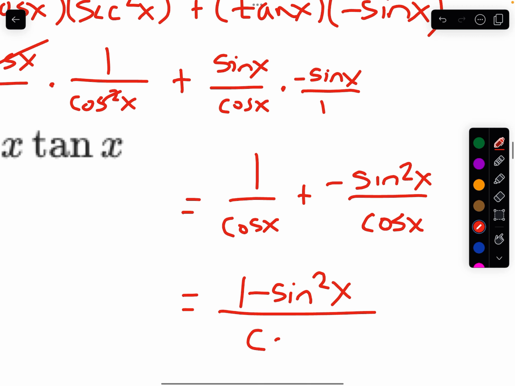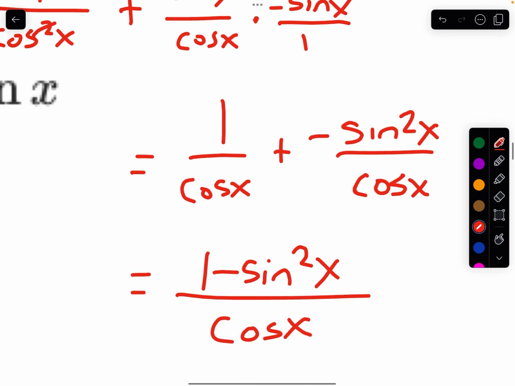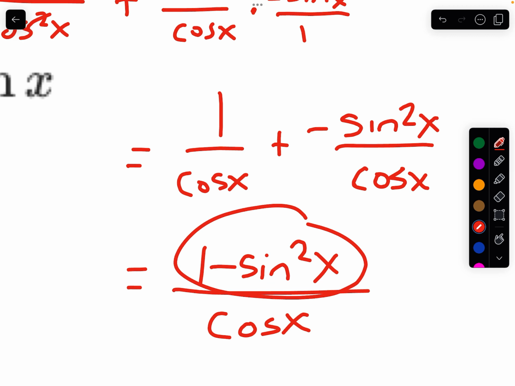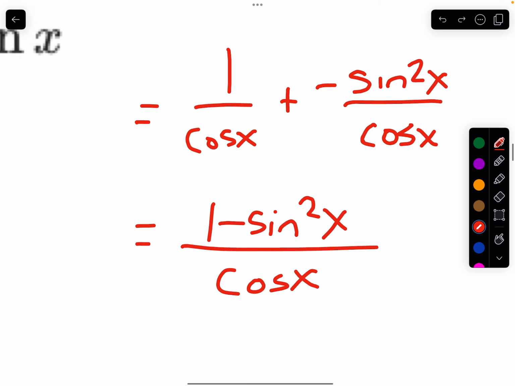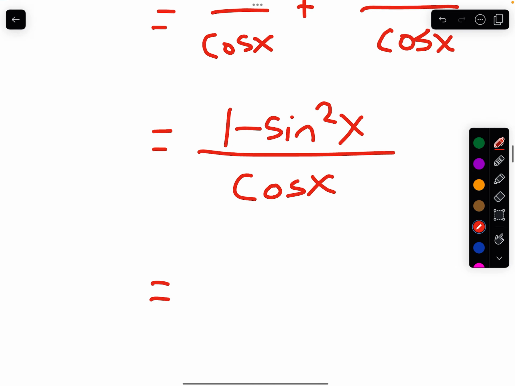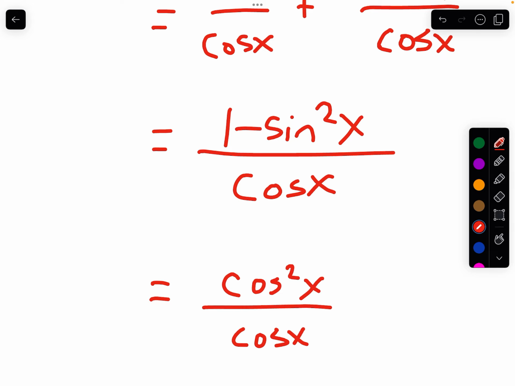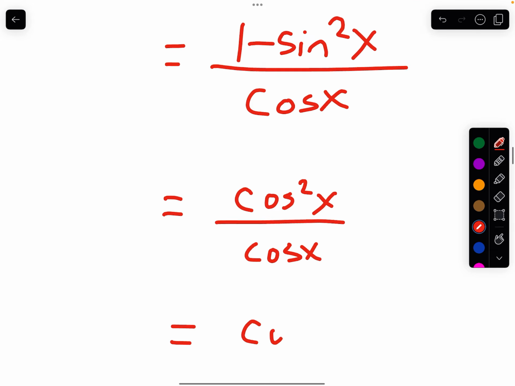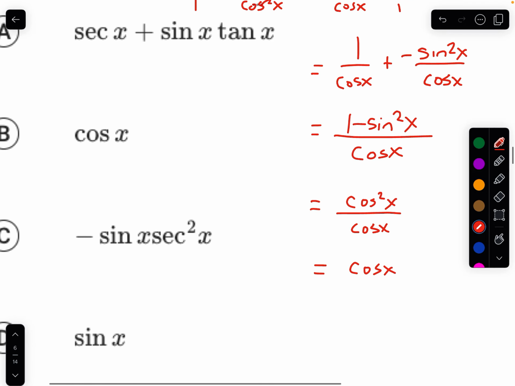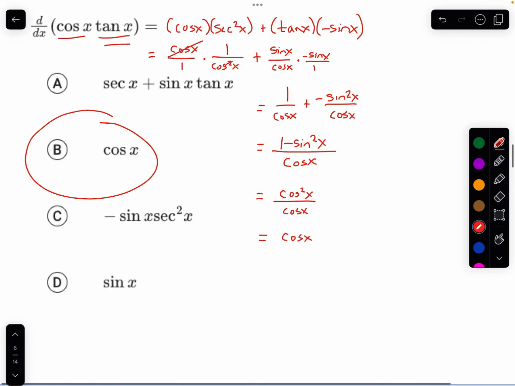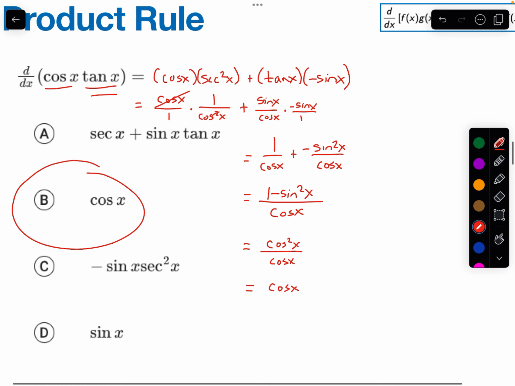And this expression in the numerator might give you a pause because this is one of our Pythagorean identities. 1 minus sine squared x is equal to cosine squared x. And so we have cosine squared x over cosine x, which we reduce down to just 1 power of cosine x, which is choice B. The calculus gets you this far. After that, it's some trigonometry work with some identities that we need to know.